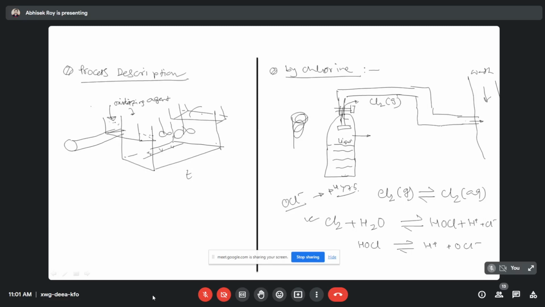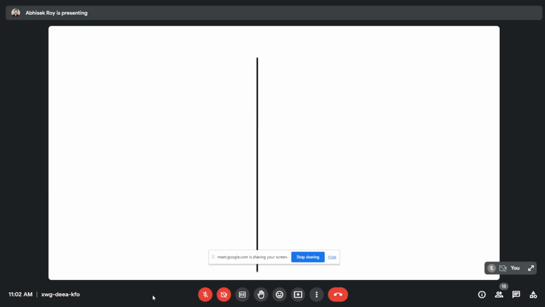In the market, some chlorine is also available in solid form. Sometimes in our toilet or kitchen we use bleaching powder, right? So that is the solid form of chlorine. Sometimes we use the calcium hypochlorite form also, that means Ca(OCl)2.